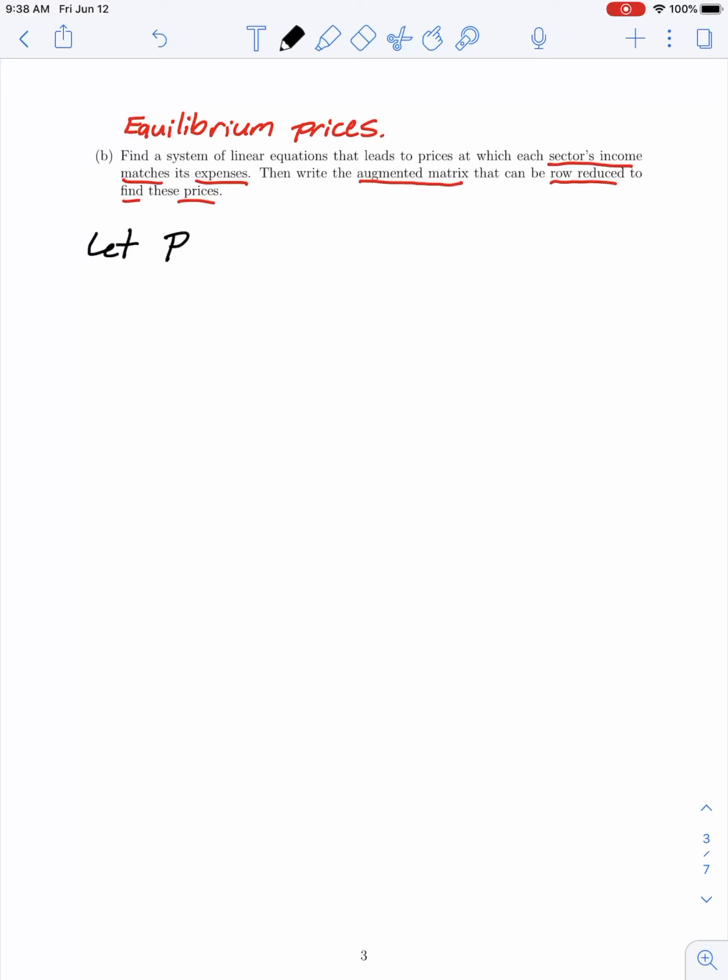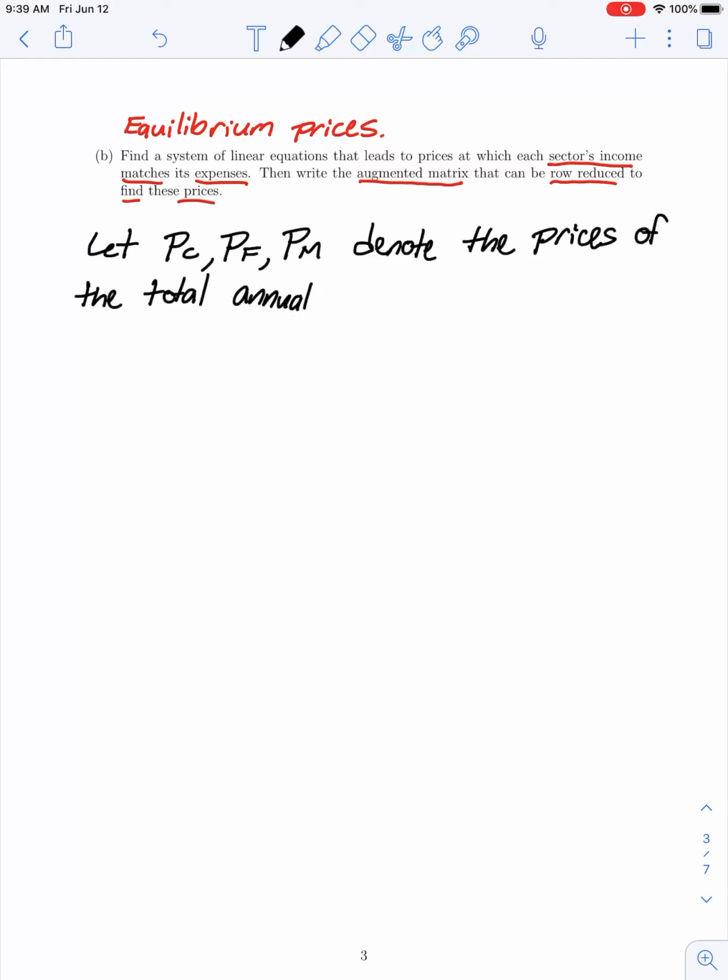So I'm going to let P sub C, P sub F, and P sub M denote the prices of the total annual outputs of the chemical, fuel, and machinery sectors.